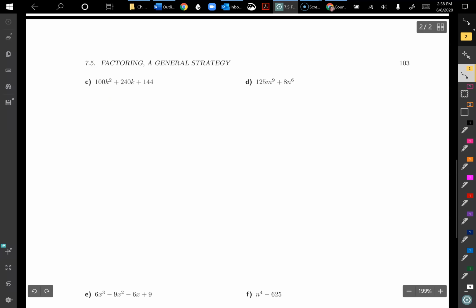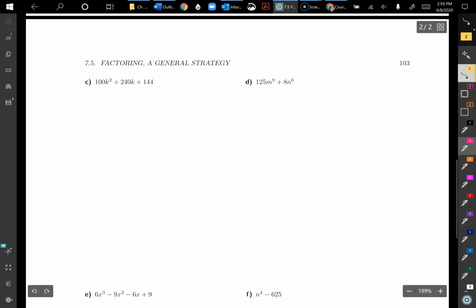If we take the square root of each, we have a 10 and a 12; 10 times 12 is 120, and if I double that, I get the 240k in the middle. So it's a perfect square trinomial. I know I can use that tactic, but I can also look for a common factor to pull out first. If I pull that out first, it's going to be a lot easier to work with.